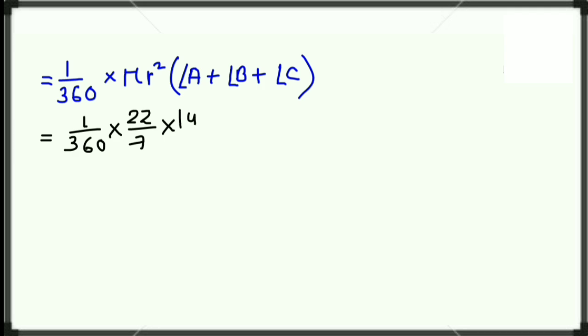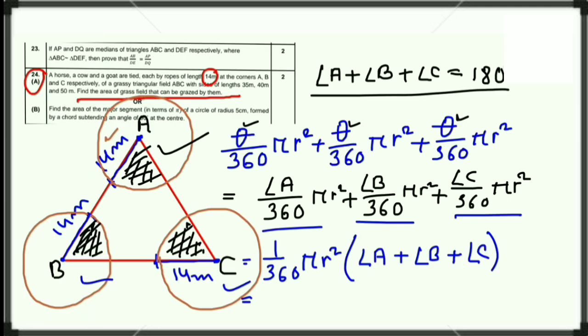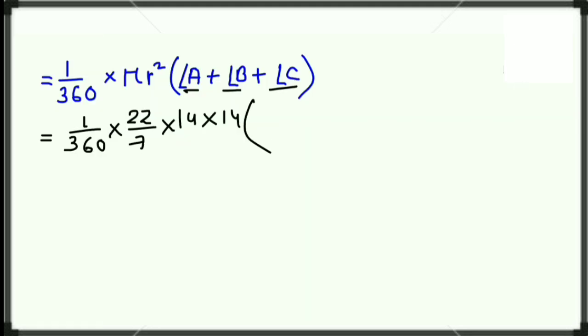So it can be written 14 into 14. Now here angle A plus angle B plus angle C, and it is equal to 180. So we can write over here 180. Okay, no need to write bracket over here.